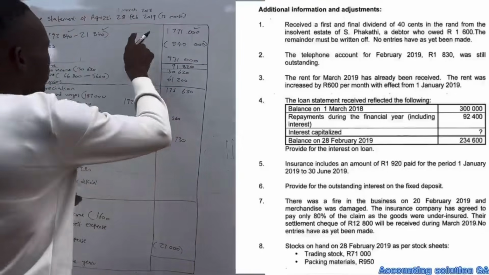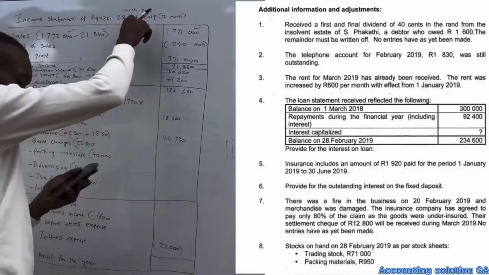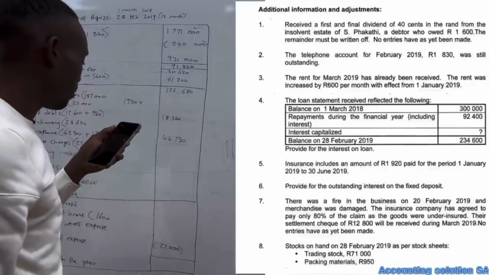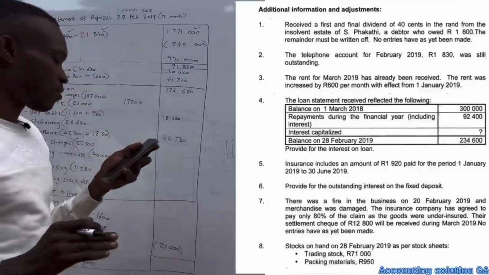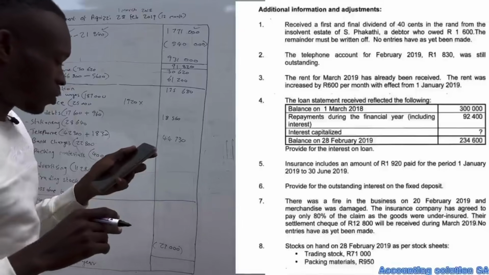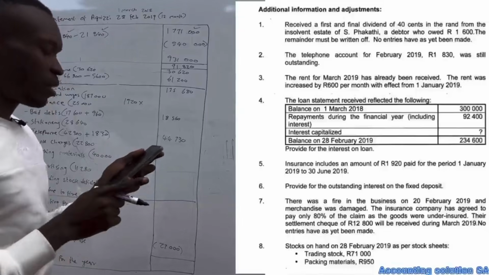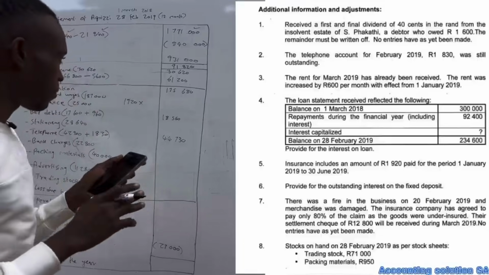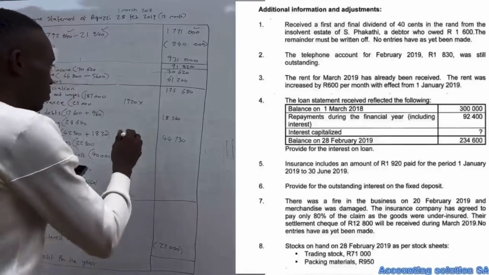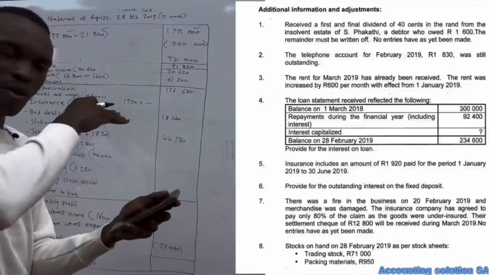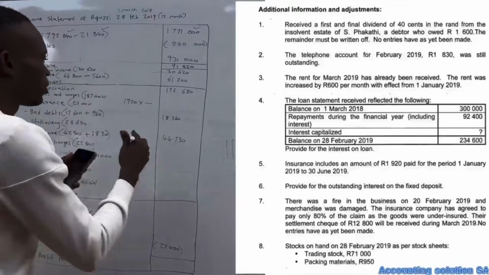Remember, our year must cut off in February, which means that there was a month that was paid in advance. The only months that belong to this period are January and February. From March up to June, it does not belong here. March up to June, how many months is that? In total, January to June is 6 months.